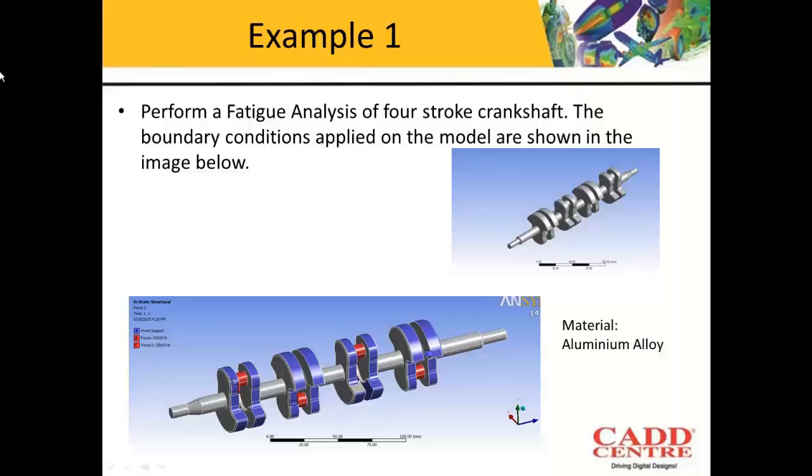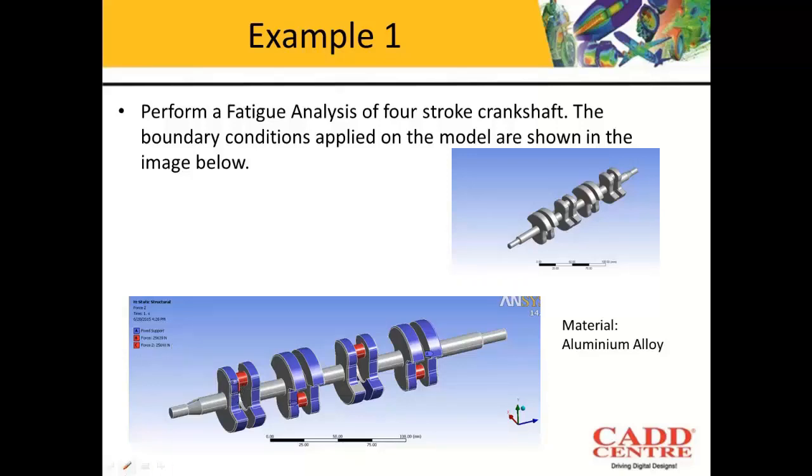Now we are going to solve the problem for fatigue analysis. We are going to take an example of a 4-stroke crankshaft. This 4-stroke crankshaft is subjected to loads at these pins. The load value is 25,639 newtons.